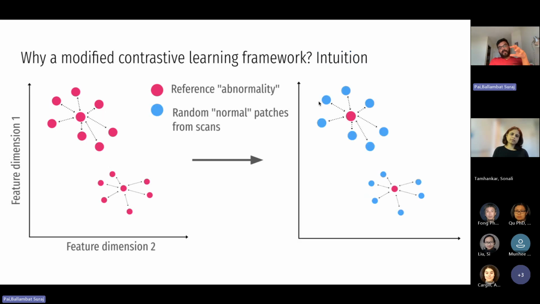But in our case, we understand the nature of a reference abnormality and help the model recognize that it's different from what a normal patch from the scan is. So we move from treating abnormalities as instances, to choosing an instance of abnormality and choosing instances of normal patches to contrast against. I hope this is clear.